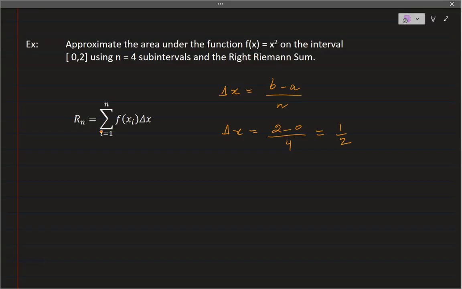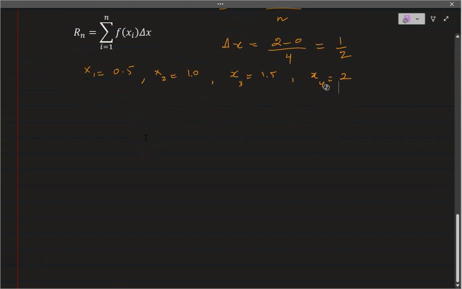So we have these subintervals: x1 equals 0.5, x2 equals 1.0, x3 equals 1.5, and x4 equals 2. Now that we have this, we're just going to plug numbers in and do the summation. Remember, in the sigma notation, you're adding all the areas of the rectangles given by f of xi times delta x. So we're going to plug values in there and then come up with the final answer.